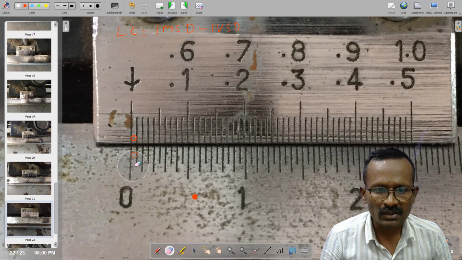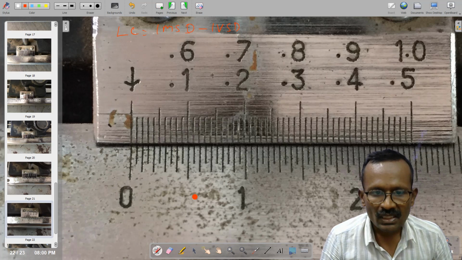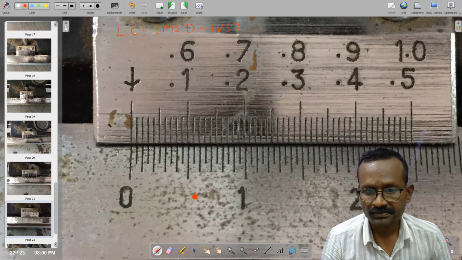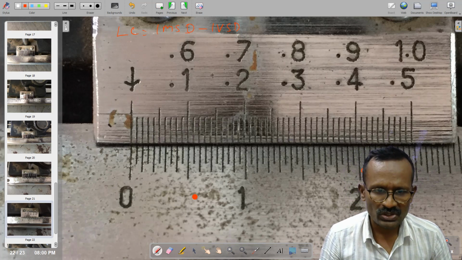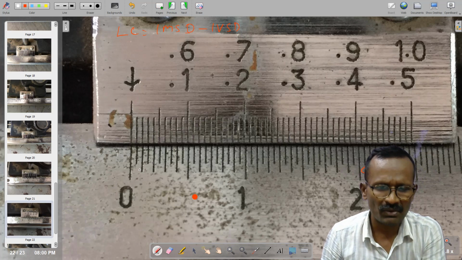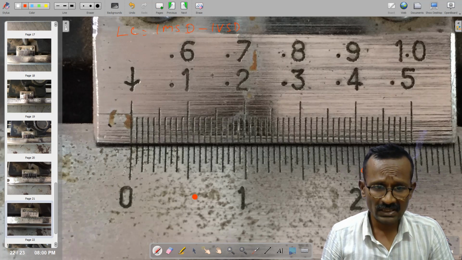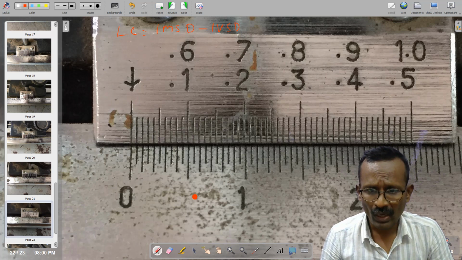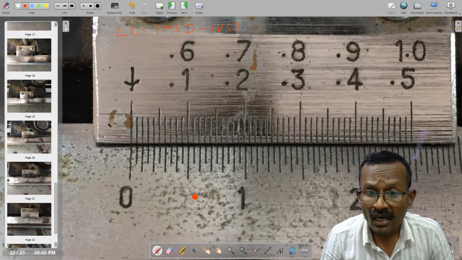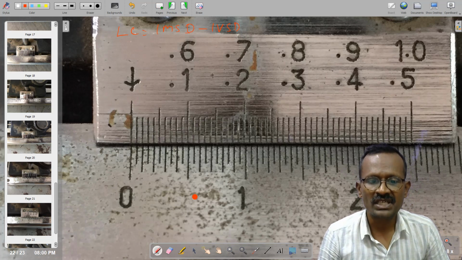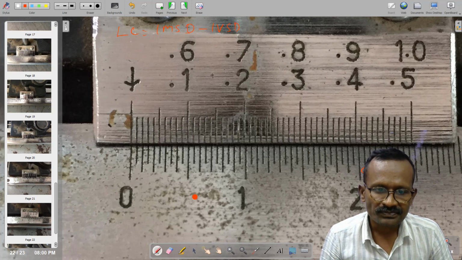See, this is 0, 1, 2. These are all in centimeter. But in our geometry box, we have a scale where there are only 10 divisions between 0 and 1, but here we find 20 divisions.